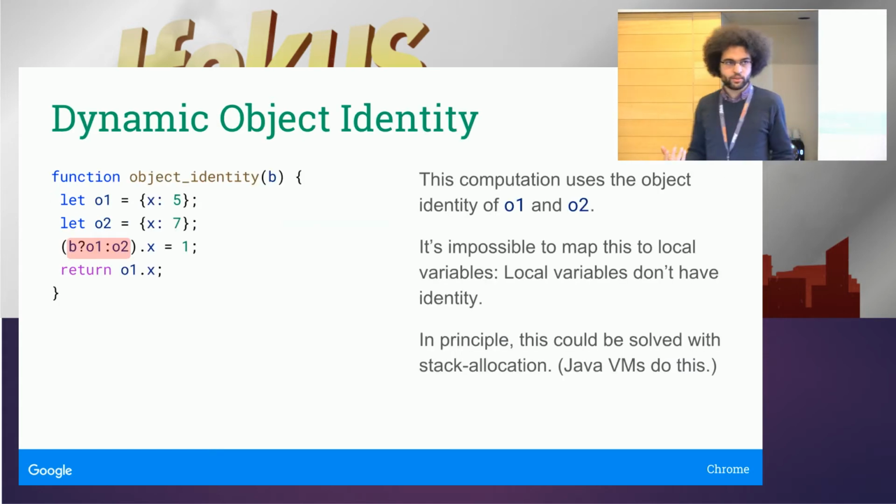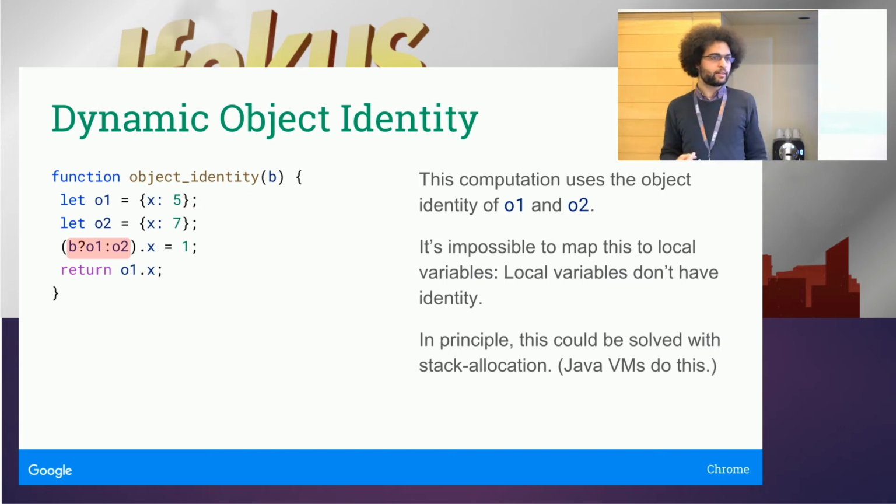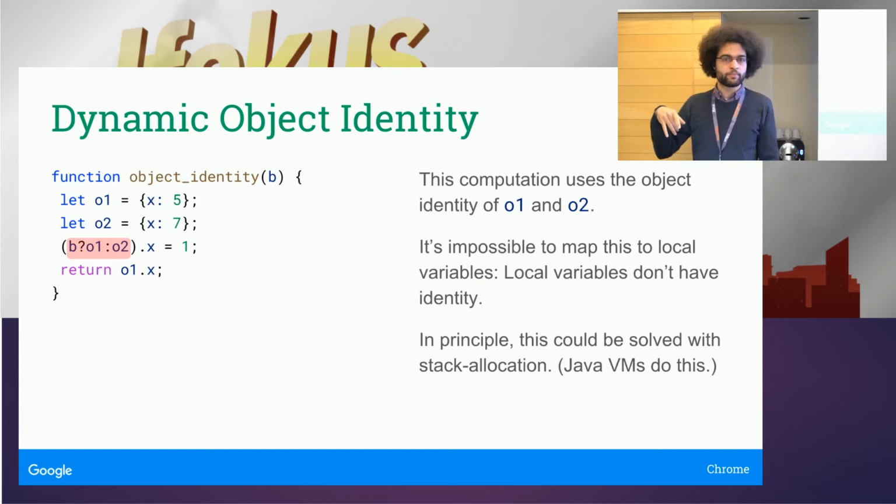And then also, which is a bit harder to explain, if you use the identity of objects, we can't really, well, we could perhaps, but it's not obvious how to lower that. So we want to replace all the temporary objects with local variables. And in our version of escape analysis, there is no runtime representation of the identity of an object.